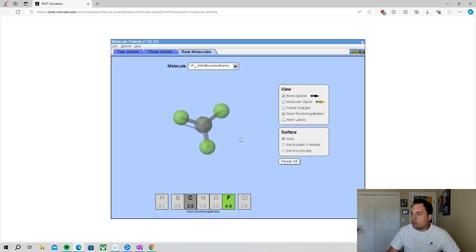And because these are points on the corners of a tetrahedron, it turns out that each of these bond dipoles will cancel. It's kind of hard to see that even in 3 dimensions. But if we click the molecular dipole, we won't see anything pop up. And that's because all of these components are canceling each other.